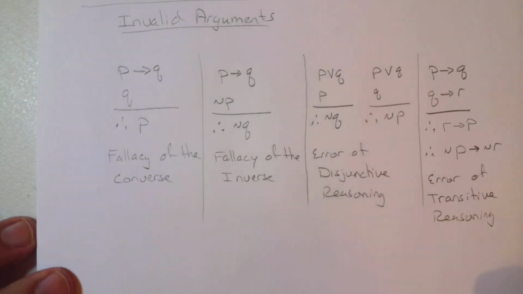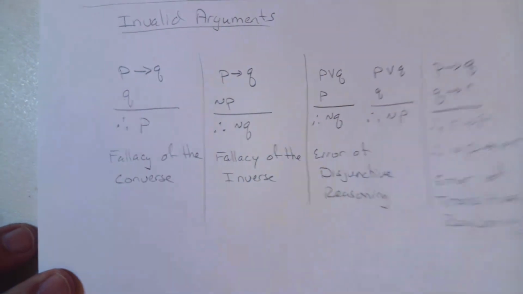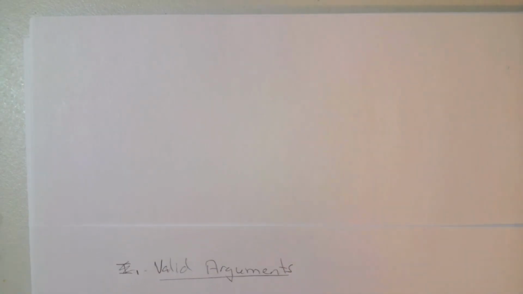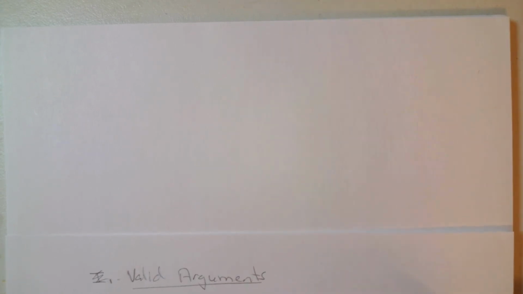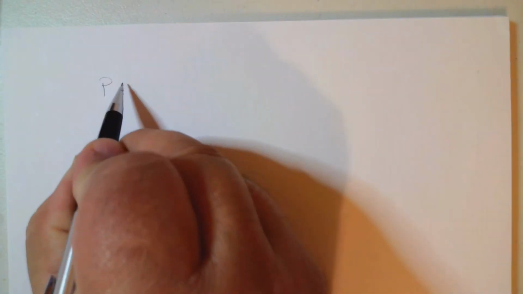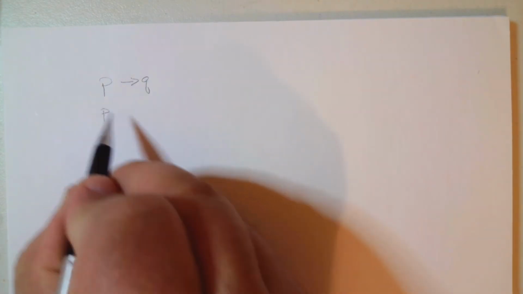Okay, well, let's see these. Let's do a truth table for these. Not all of them. We're going to do one or two of them. So let's do the first one. Let's do the direct reasoning, modus ponens. We had this statement. Let's prove this one is valid.